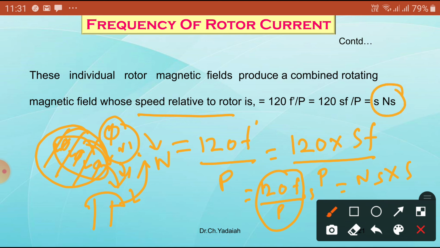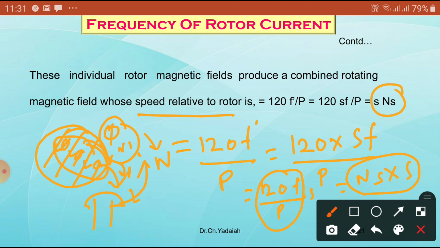That means the resultant magnetic field developed in the rotor conductors due to the R phase, Y phase of the rotor conductors is flux rotating at a speed of Ns into s, with respect to the rotor, not the rotor speed.